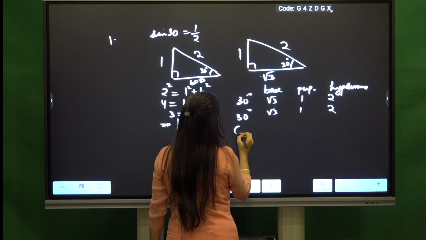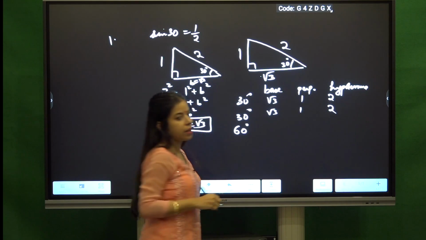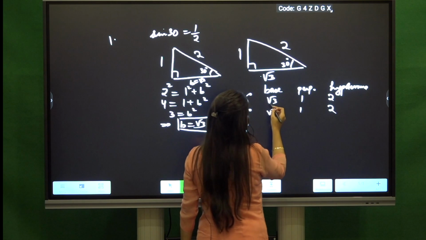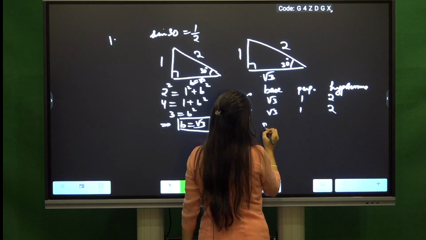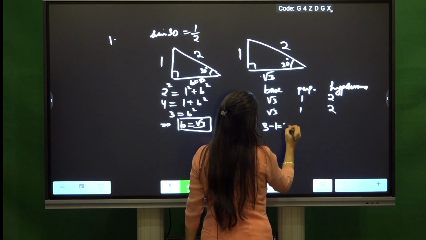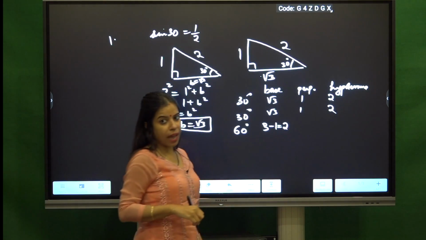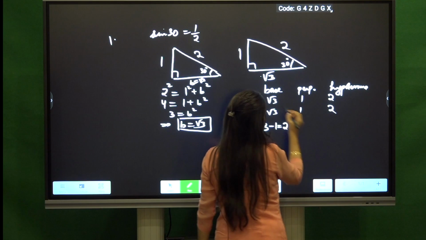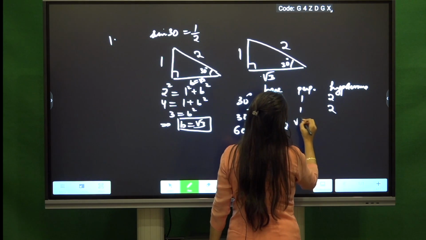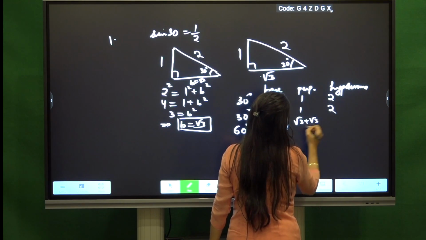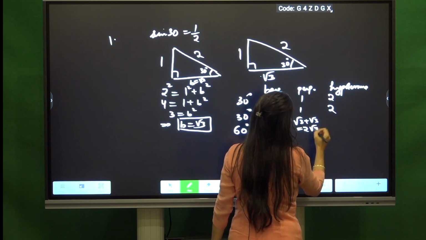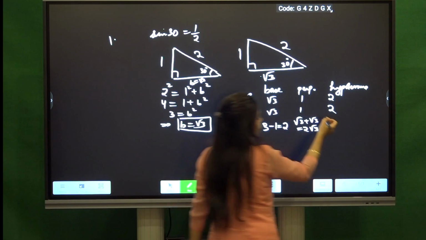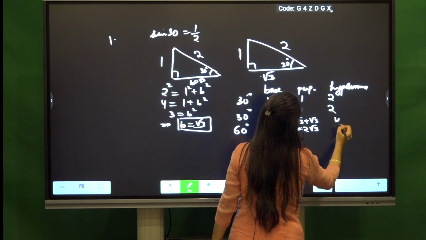So for 60 degree, when we are adding both the angles, we know base is what? Root 3 into root 3 is 3 minus 1, which is 2. For perpendicular, we have crosswise multiplication, root 3 plus root 3, which is 2 root 3, and for hypotenuse we have just the product of the hypotenuse. So this will be 2 into 2, 4.